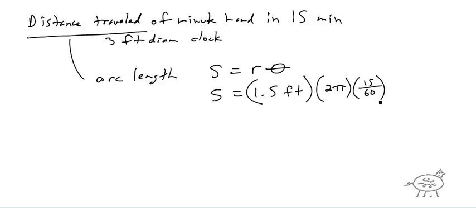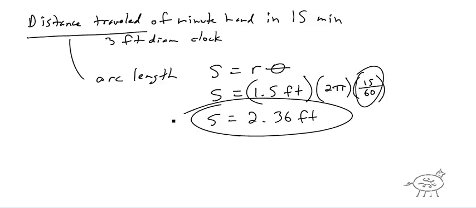That's like 1/4 of an hour, so you can multiply by 1/4 or 15 over 60, it's the same thing. 2 pi is radians, so it's unitless, and this is just a fraction with no units. So S comes out to be 2.36 feet. That's how far it's going to travel in 15 minutes.